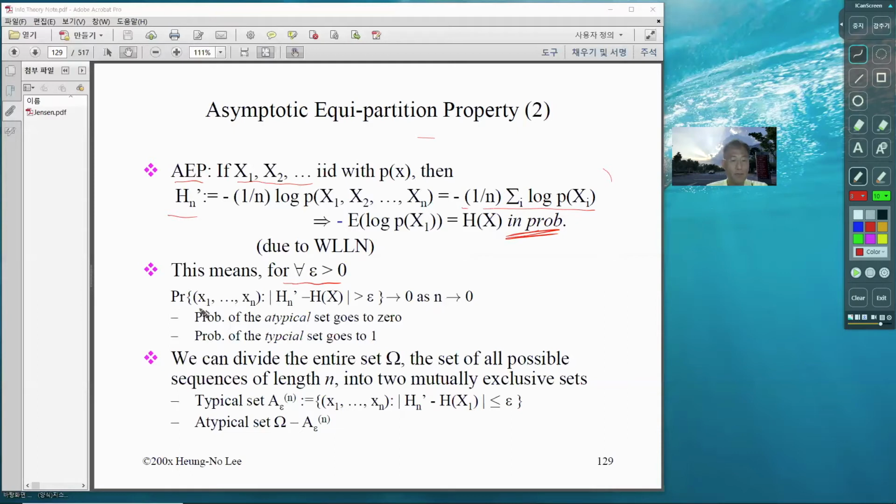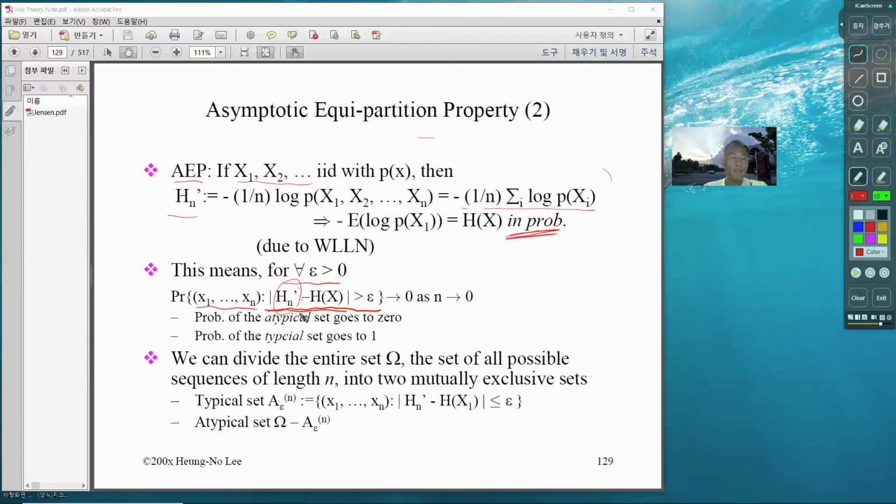So probability of all sequences of x with which you can calculate the sample entropy, and then the absolute value of the difference of the sample entropy with the true entropy H(X) is greater than epsilon, so we can say that H_n' deviates a lot from the true entropy.